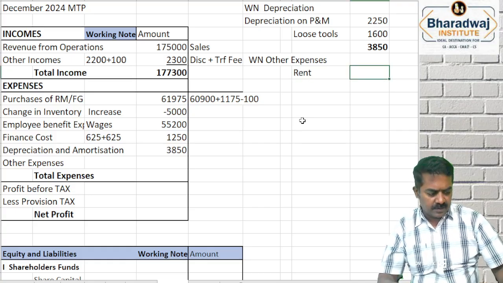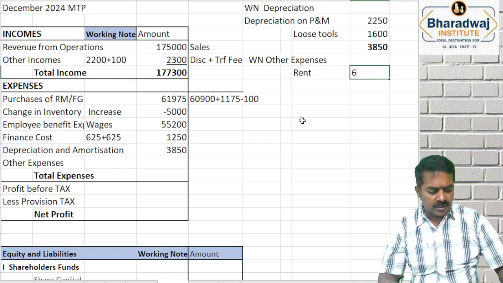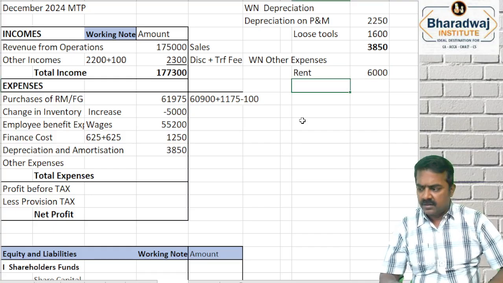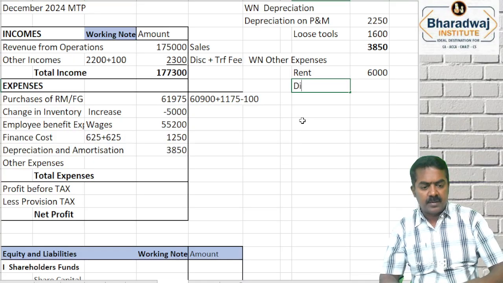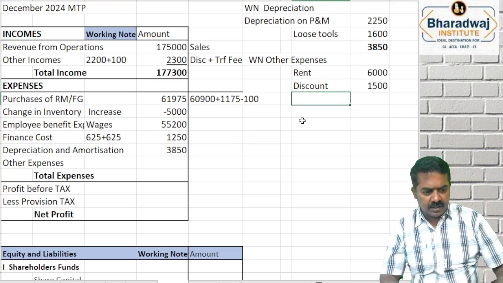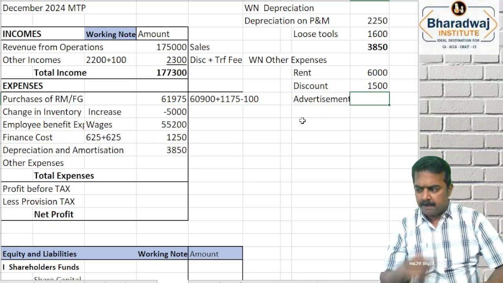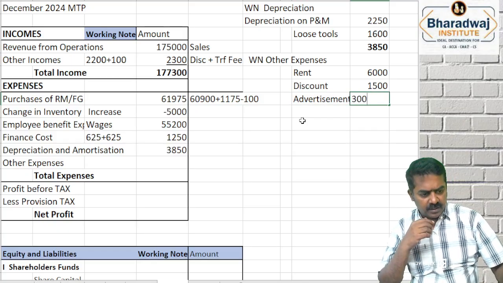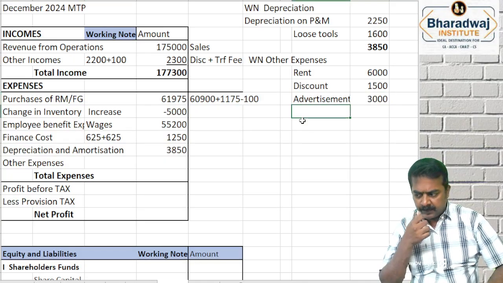Rent and taxes, 6,000 is given. See what else is there. On the debit side, advertisement. Advertisement how much? 3,000.